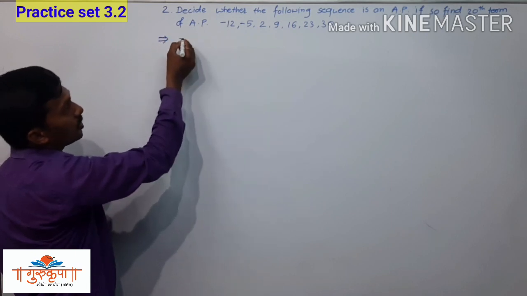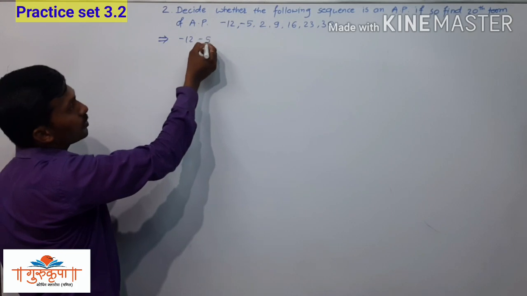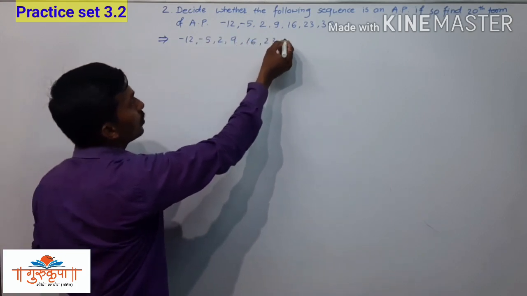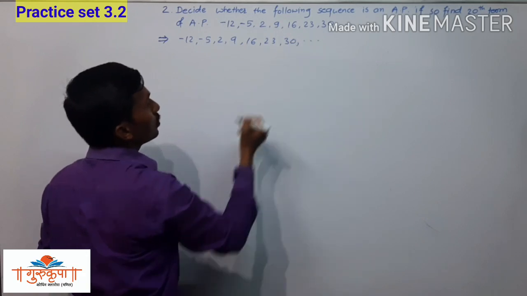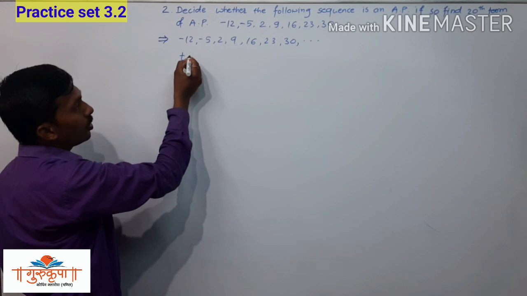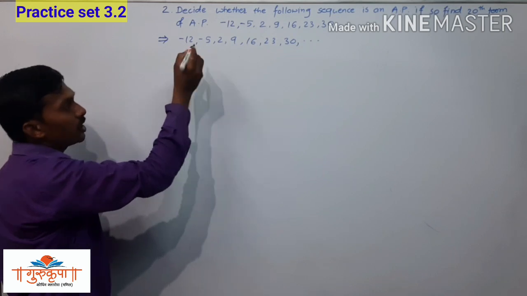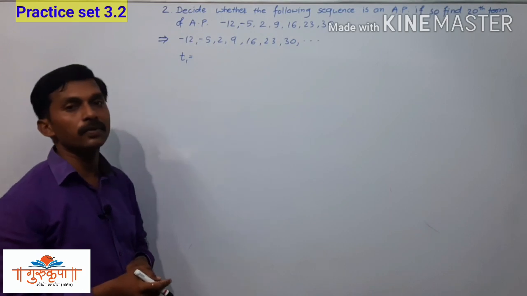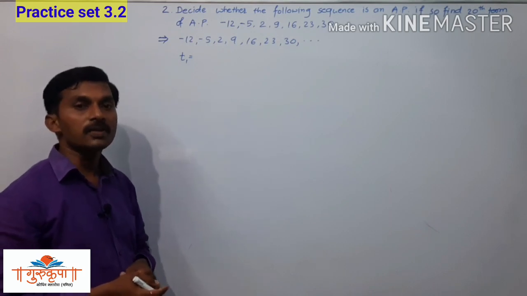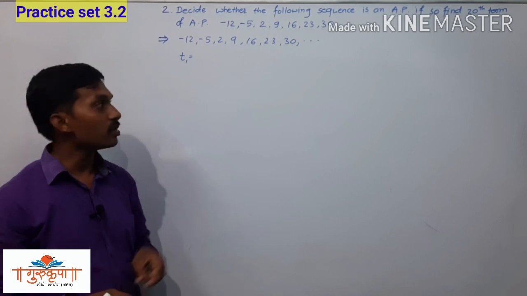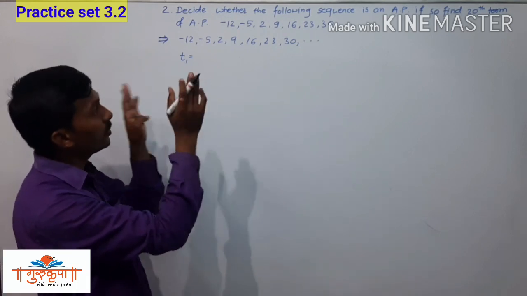Here the given sequence is minus 12, comma minus 5, comma 2, comma 9, comma 16, comma 23, comma 30 and so on. Here we have to represent all the terms. We already solved this type of example in the previous exercise 3.1. We have the sequence and we have to determine whether it is an AP or not, so we have to write each and every term given in the sequence.